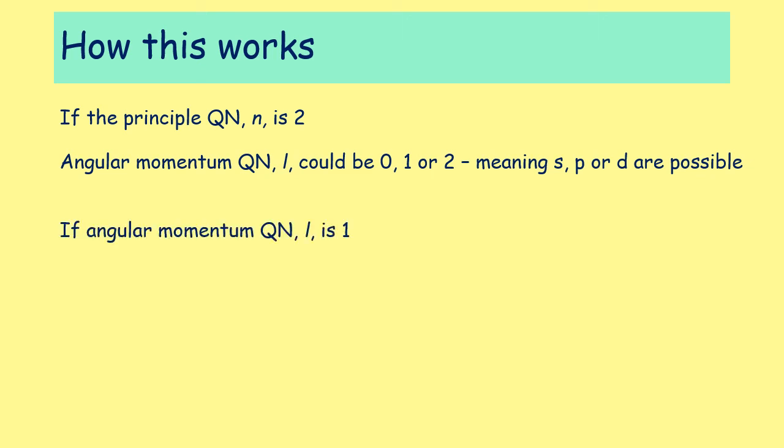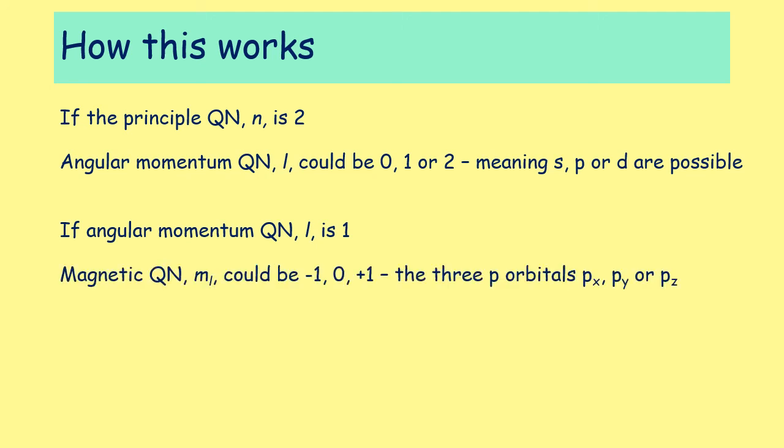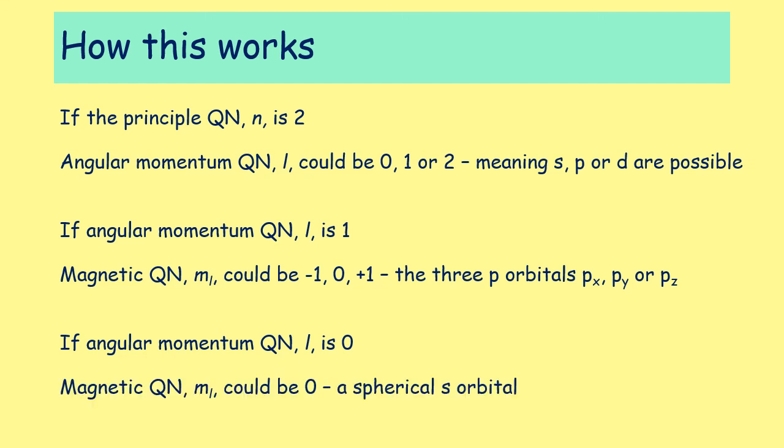From that, if the angular momentum quantum number is 1, it means the magnetic quantum number could be -1, 0, or +1, and that indicates the 3 possible p orbitals, px, py, or pz. If, however, the angular momentum quantum number l is 0, it means that the magnetic quantum number could only be 0. And that's because where we have s orbitals, there's only one type of s orbital for every energy level.